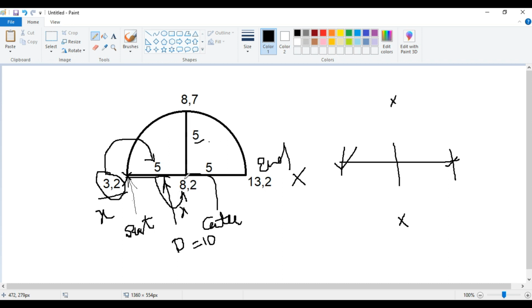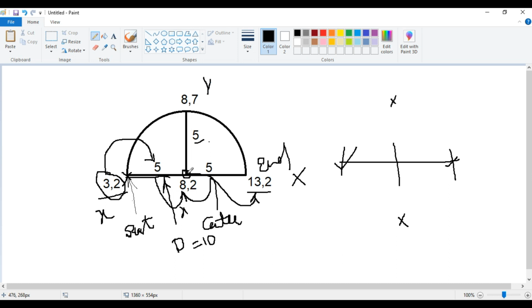So at the center you get the coordinate value 8 comma 2. When you reach the end point, this 8 is added to 5 and we get 13. The y value remains 2, because we are not incrementing in the y direction.